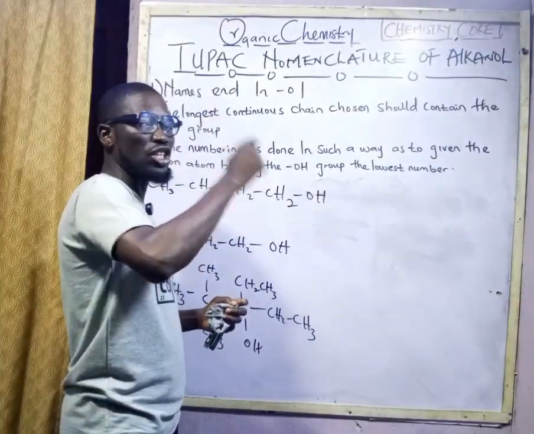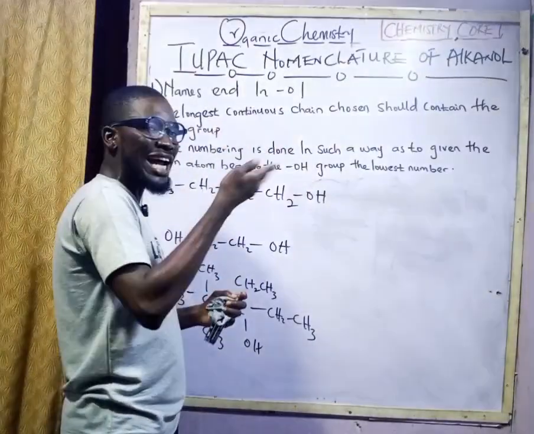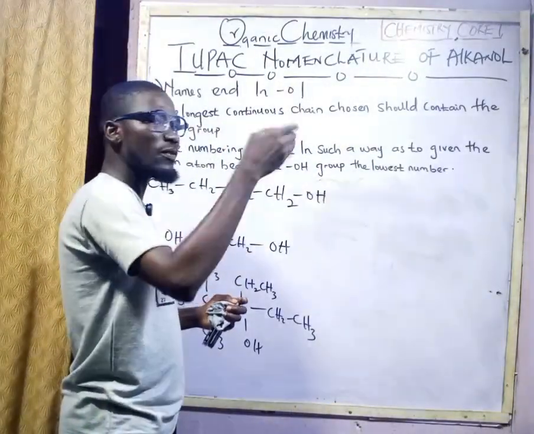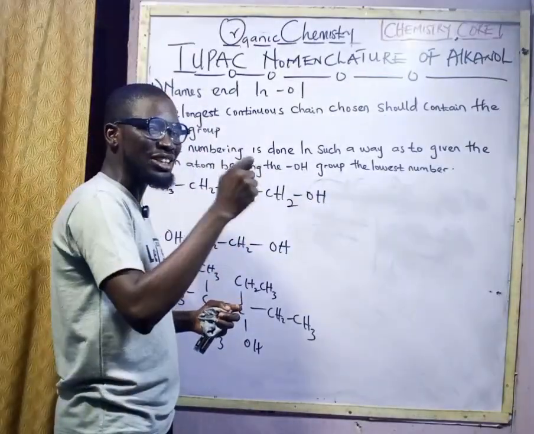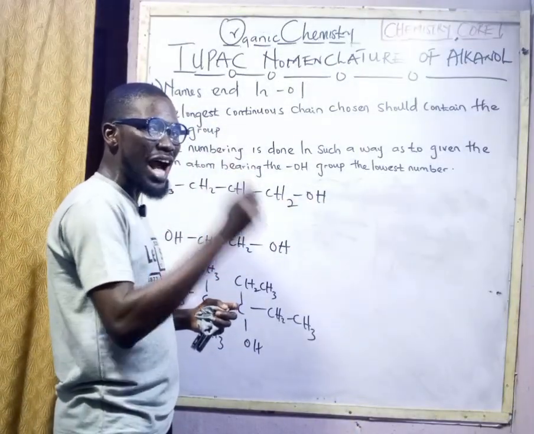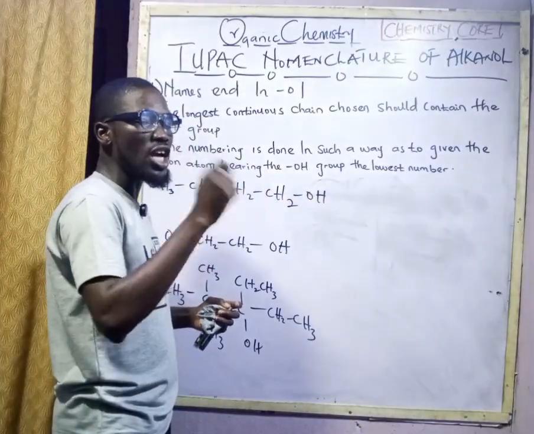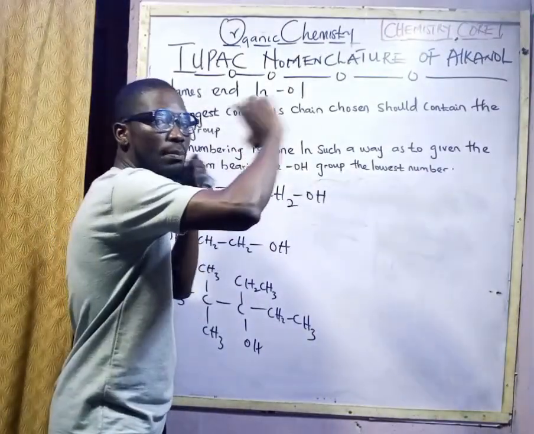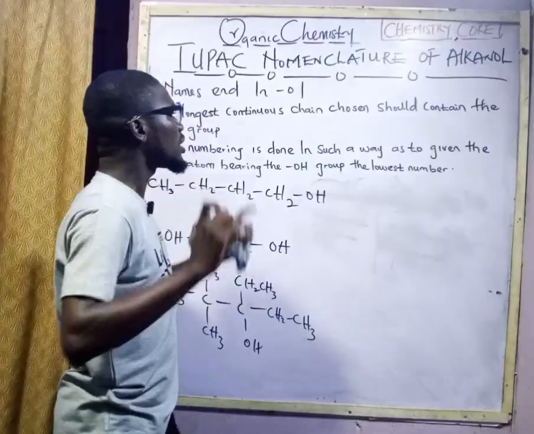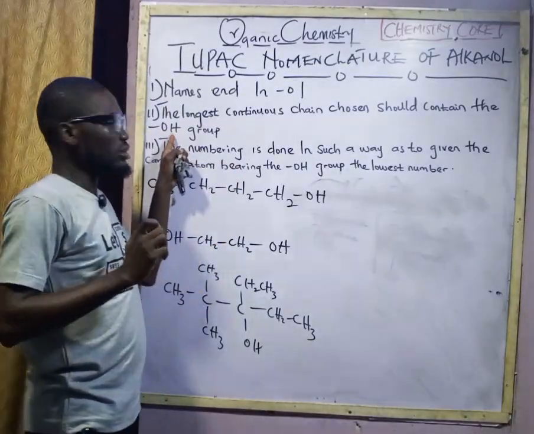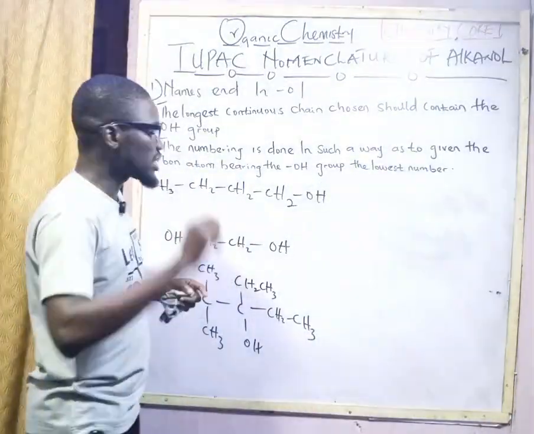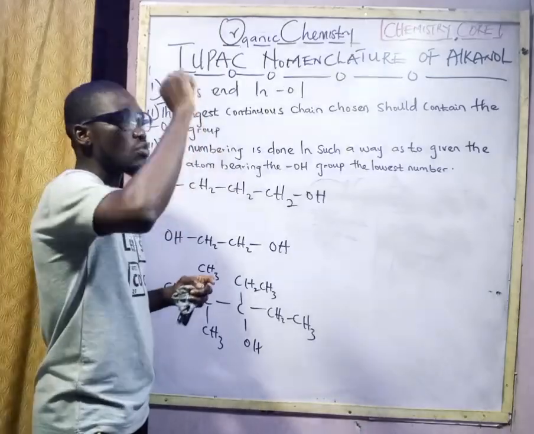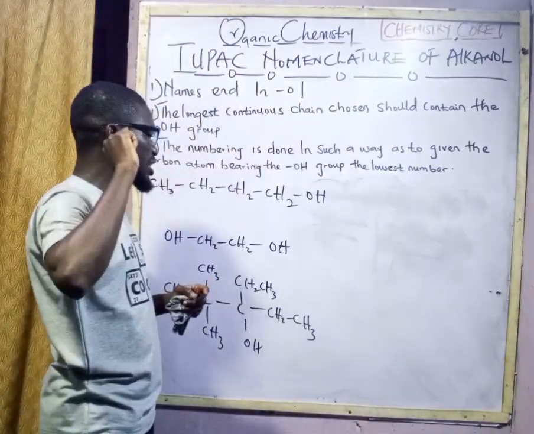That is, the number under the double bond will come first before the number attached to the OH. But if you come with a compound that carries only the OH group, the lowest number will come from that OH. Is that clear now?